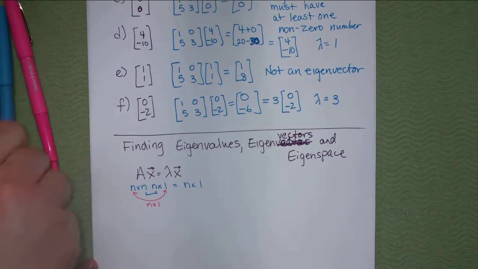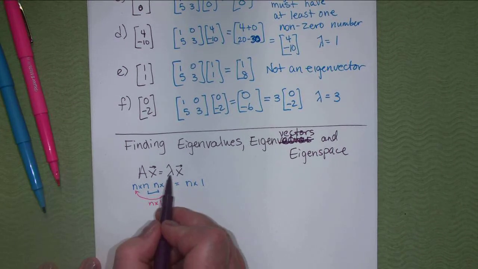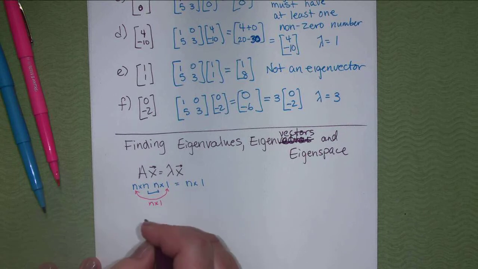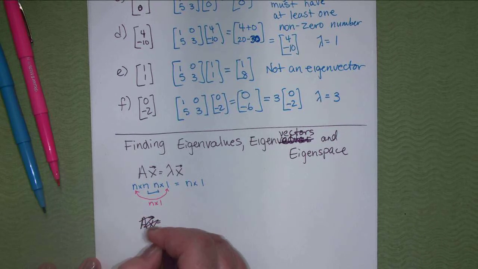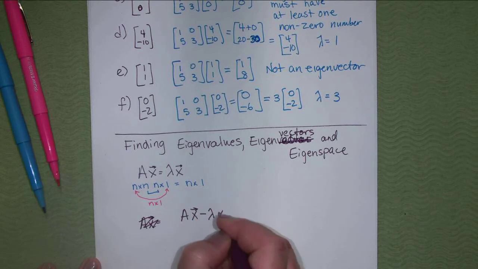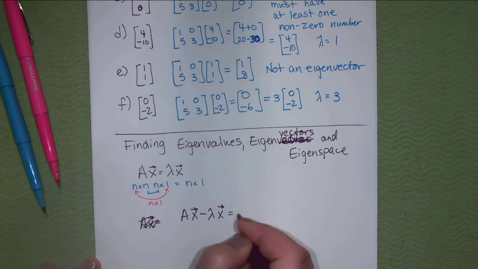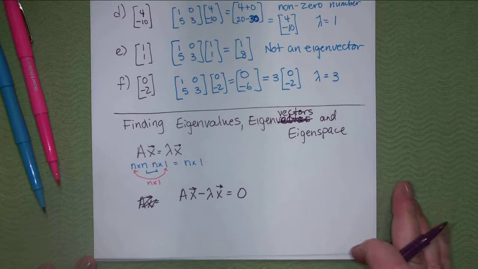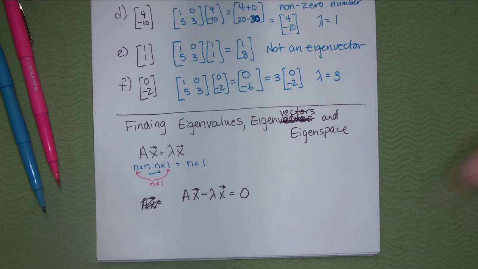Now what if I subtracted lambda x from both sides? So AX minus lambda x equals 0. This is possible only if we change something.